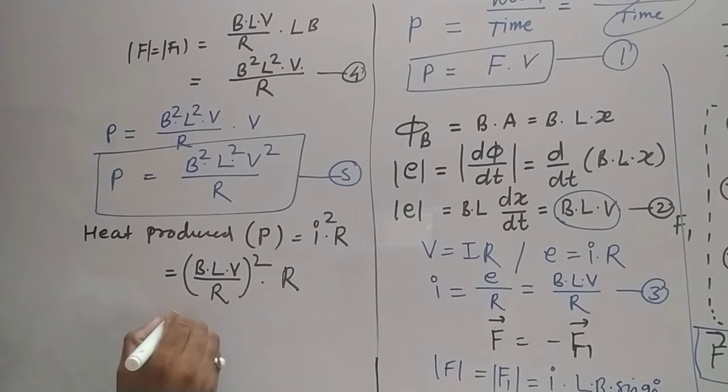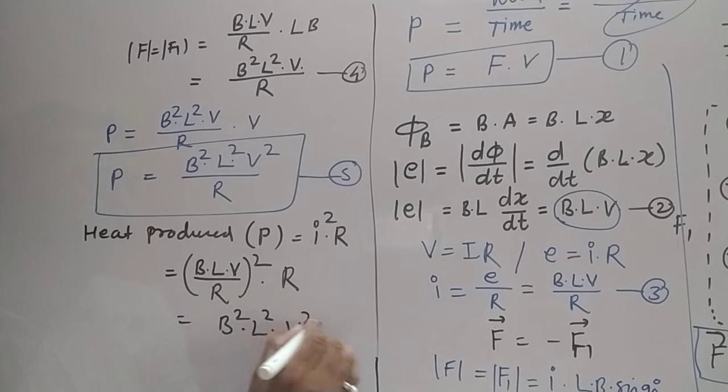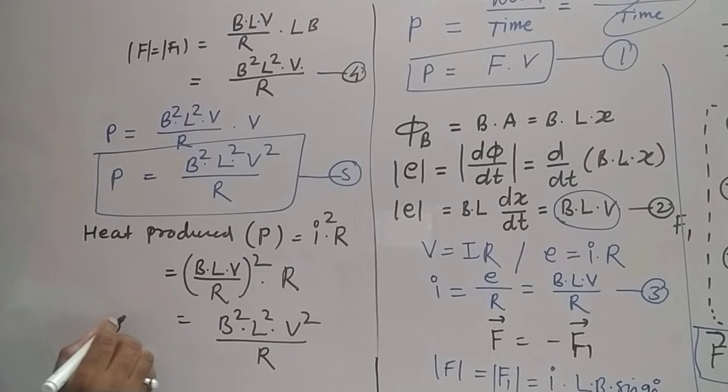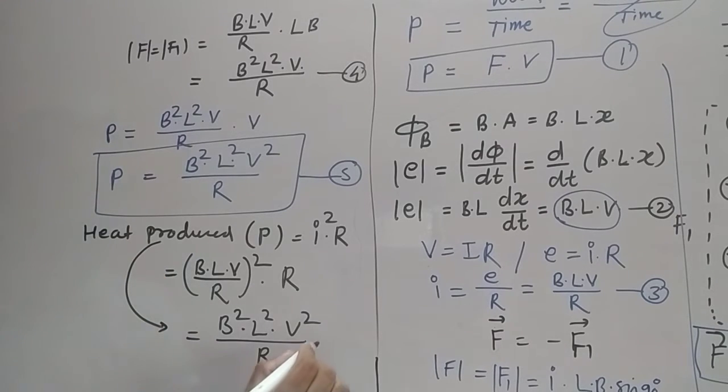Now if we solve it, we get B square L square V square, one R gets cancelled with this R, so R is remaining here. B square L square V square divided by R is the heat produced. Suppose this is equation 6, which gives the amount of heat produced.